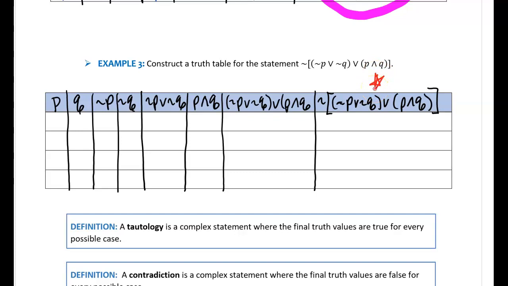So first, the truth values of P are true, true, false, false. Truth values of Q are true, false, true, false. Truth values of not P are false, false, true, true. Truth values of not Q are false, true, false, true.